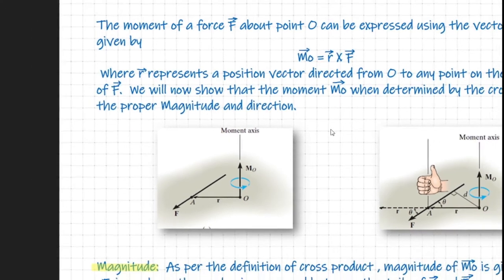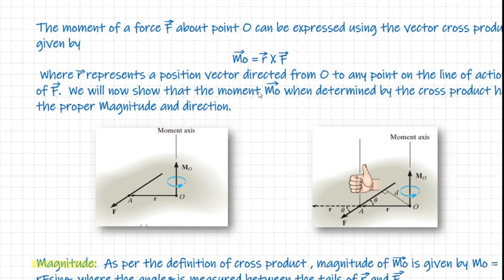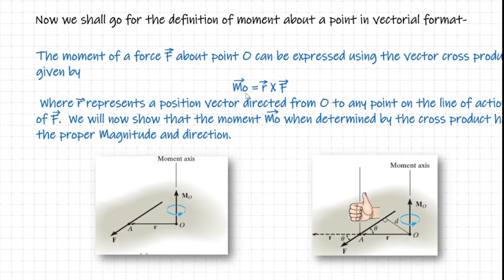Let us now prove that the cross product operation R cross F will define the magnitude and direction of the moment about the point O in all senses.